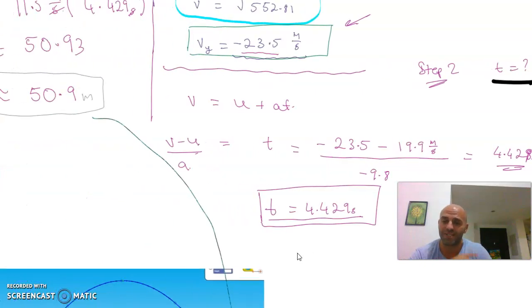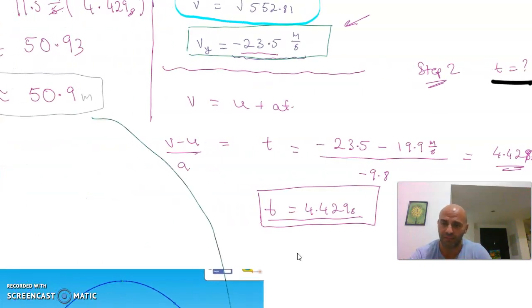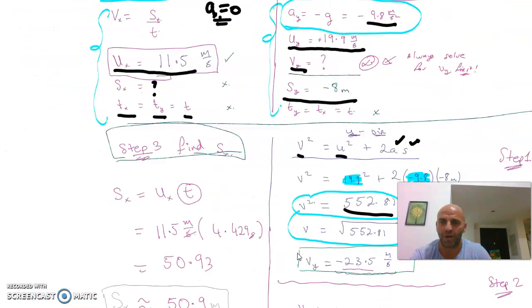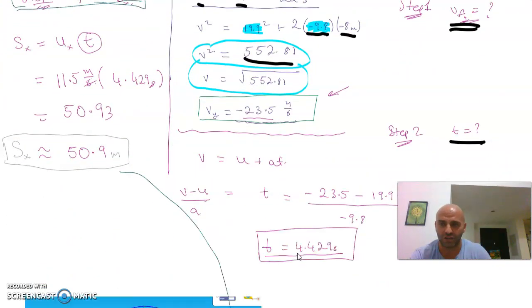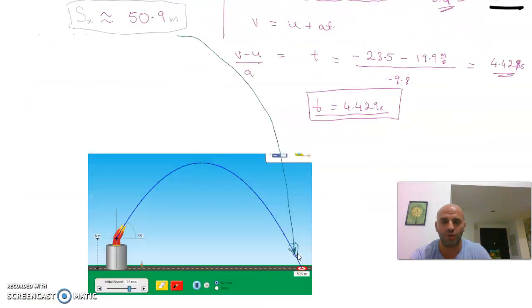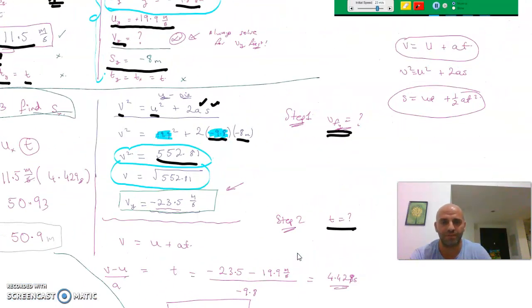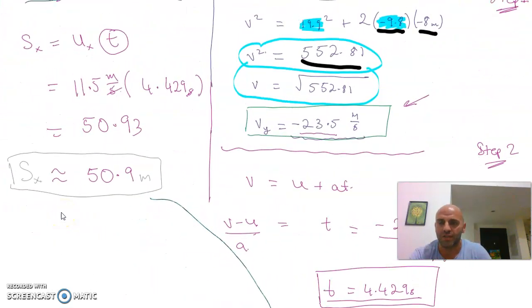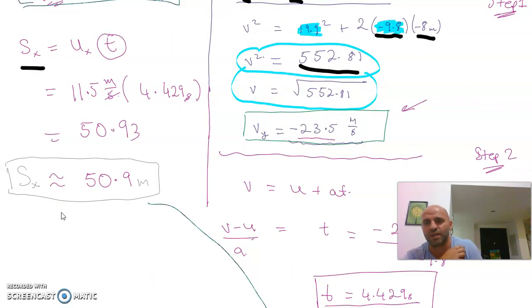Now all I have to do is take that time and sub it back in for my values in the X direction. So finally, step 3, which I've done here. I'm going to take the displacement in the X direction. It's going to be the initial velocity in the X direction, and it should be the same velocity throughout because it's a constant velocity.